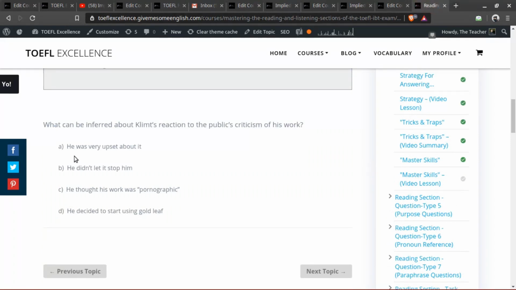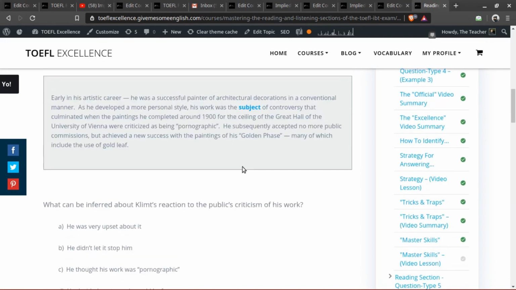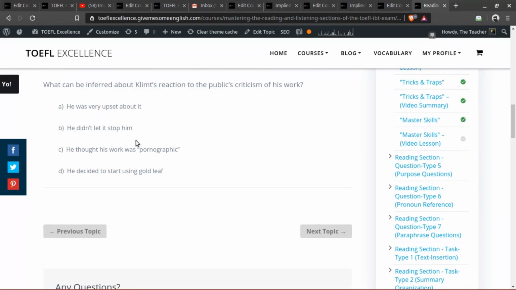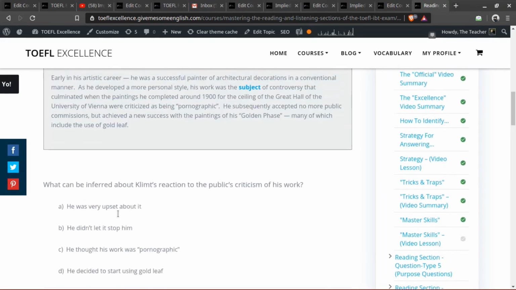Remember from the last video, the idea that he was upset about the criticism was not implied anywhere in there. That would have just been an assumption on our part based upon our own experience, but not upon the reading passage. This one is not an assumption because it is implied by the information that followed.